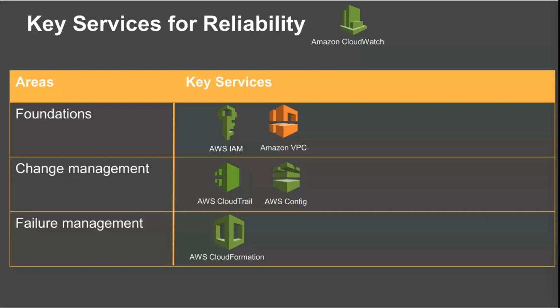In case one availability zone is down, the next availability zone should take over. So you should think of having a highly available workload by implementing 2 or more availability zones in a region using VPCs. Then change management, we have CloudTrail and AWS Config.